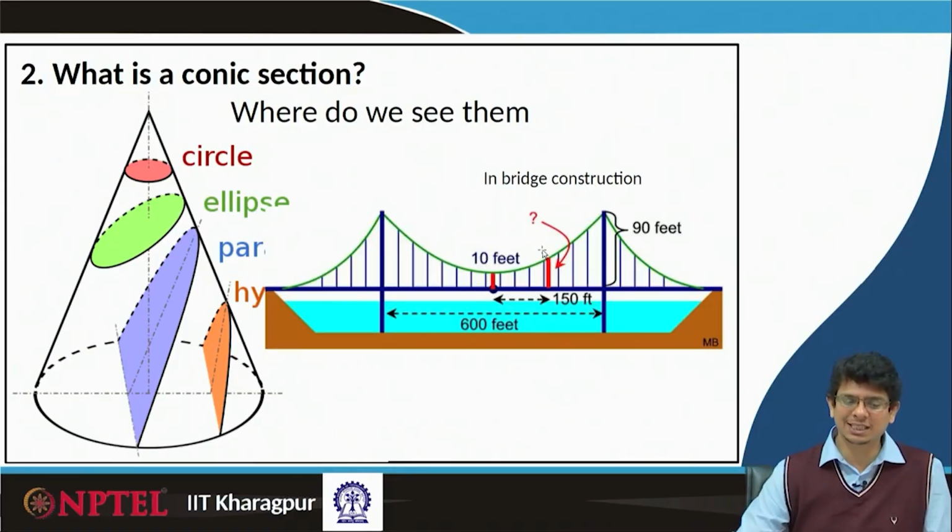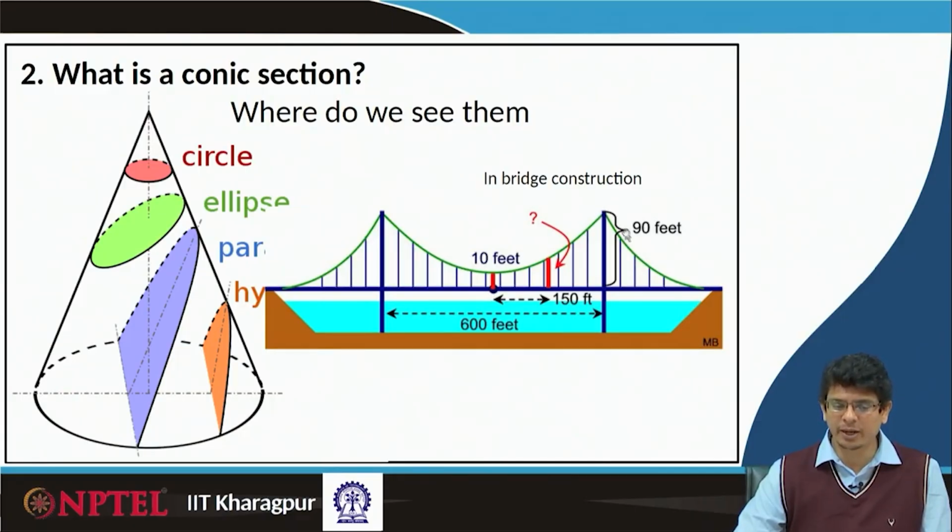Similarly, take a suspension bridge. Here this is the river which is coming in the streamwise direction, above which there is a bridge. Usually in a suspension bridge, the cable load has to be distributed. So, there will be masts or pillars, and there will be more like cantilever kinds of suspension bridges, and these will be connected by ropes.